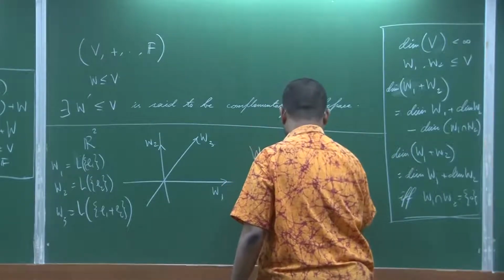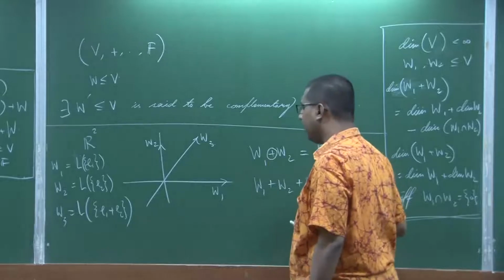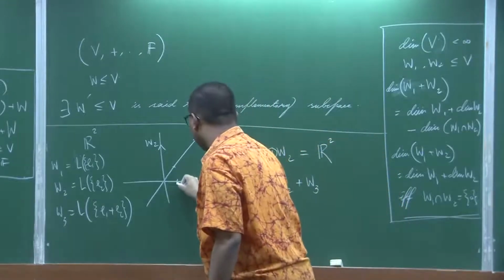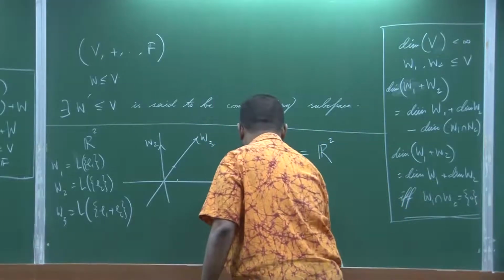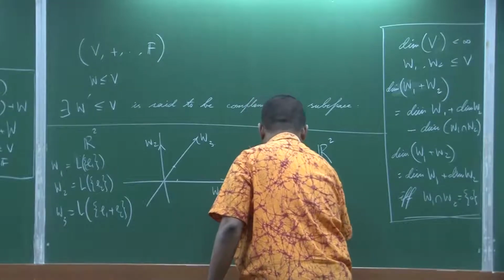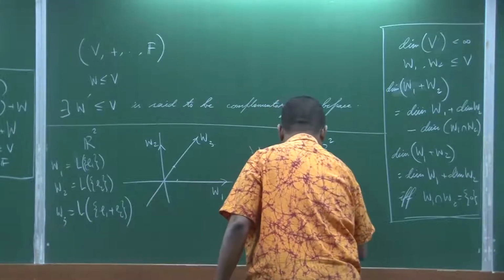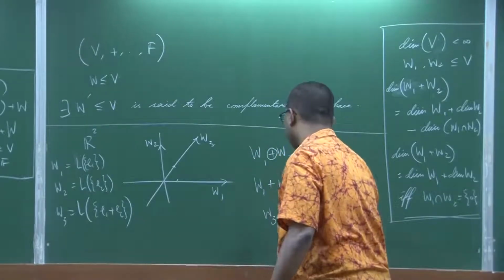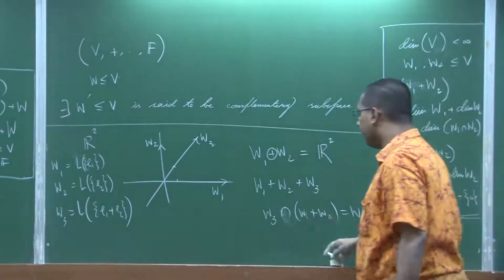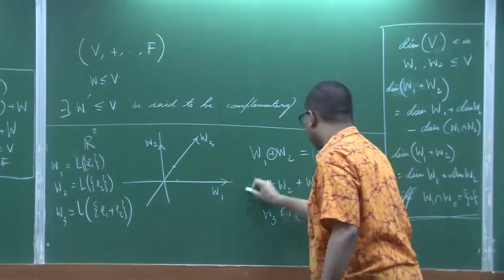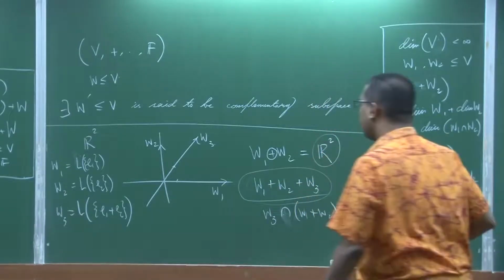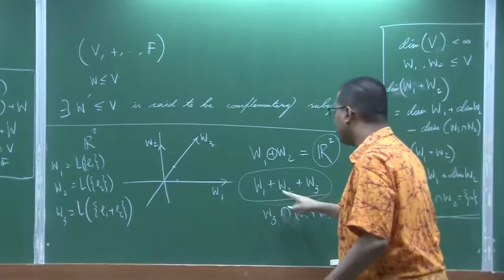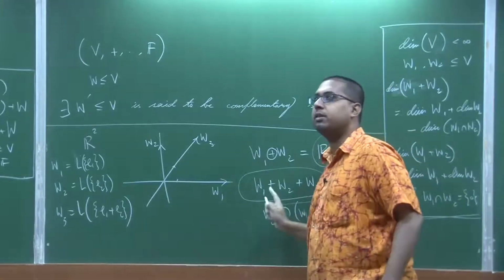Whether this sum, this is not direct, because if you take W3 intersection with W1 plus W2, which is W3 itself, the intersection is W3 itself. So, though they are the same subspace, here I cannot say this sum is direct.